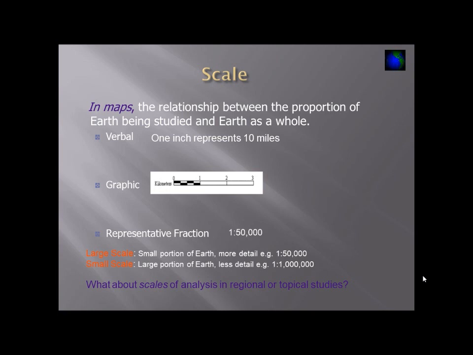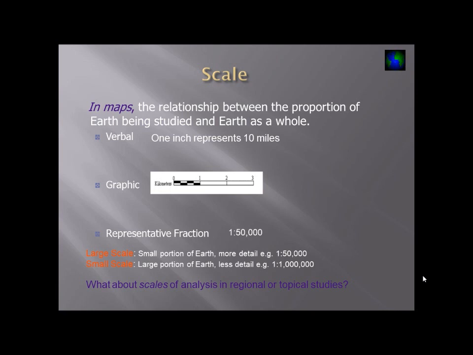It can be stated several ways. Verbal, 1 inch represents 10 miles, just stated. Graphic, oftentimes a map will have this, and if you look at that particular graphic scale, the 0 to 1 indicates 1 kilometer, and it's divided into 4 subsections. And then we go to 2 kilometers and 3 kilometers.